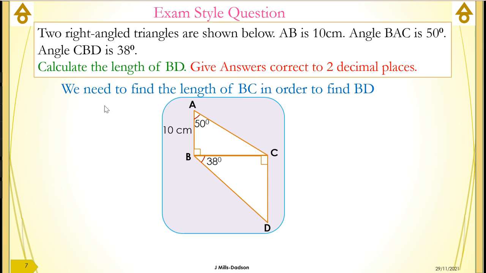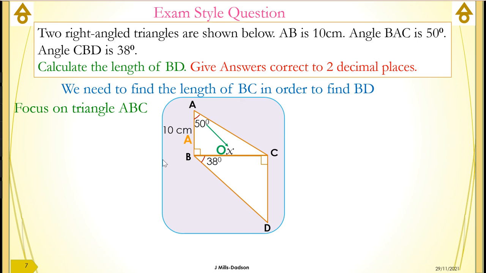So we start. We need to find the length of BC in order to work out BD. Because once we know BC, we'll be able to work out BD. So to do that, let's focus on ABC and label this side, giving this angle 50. That's the opposite.